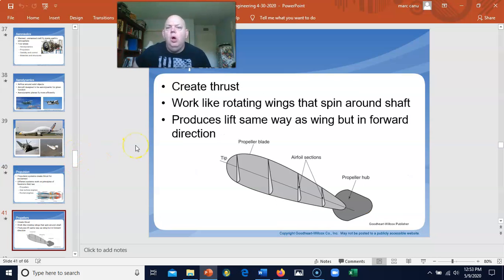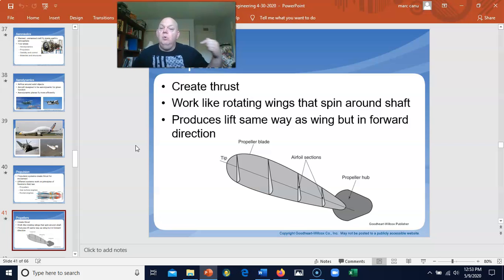So your basic one, propeller. The propellers do create thrust. They work like rotating wings that spin around a central shaft. Okay, so that is for the regular plane. A helicopter, it's the same idea, except you can actually adjust the angle of attack on the rotor blades themselves, but that's that main one.